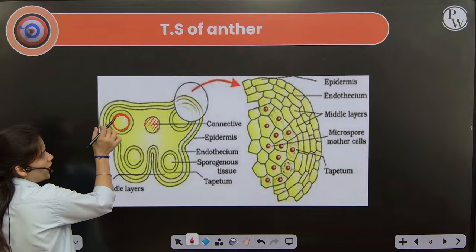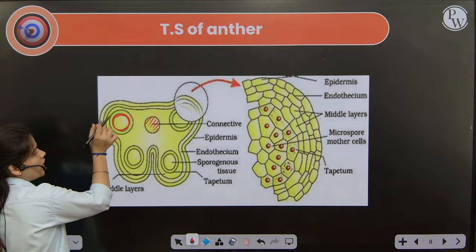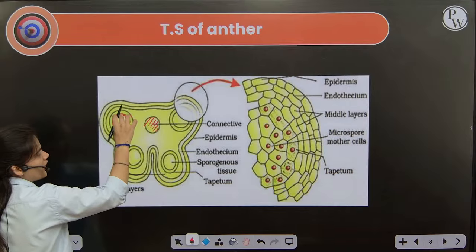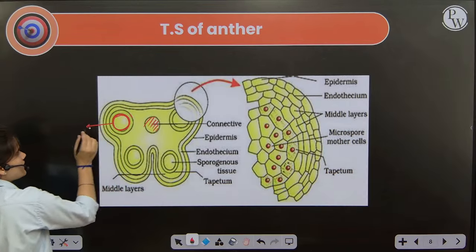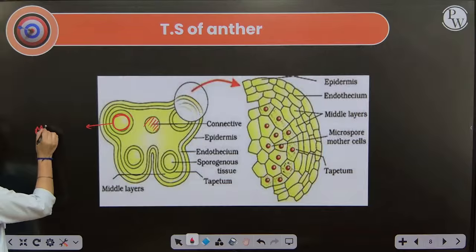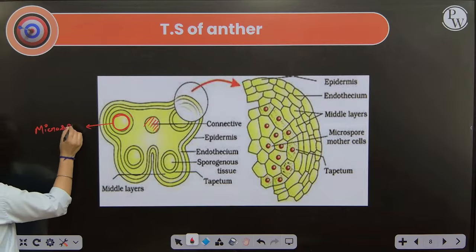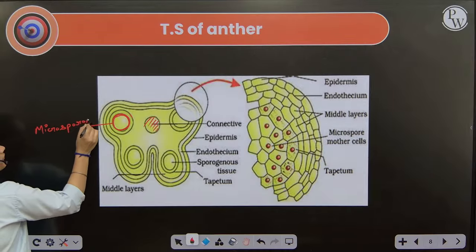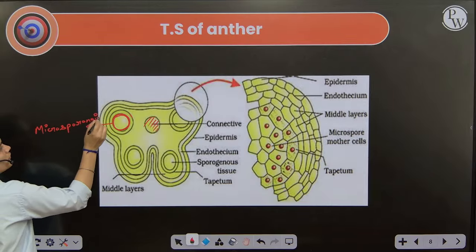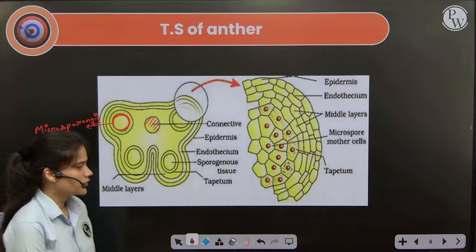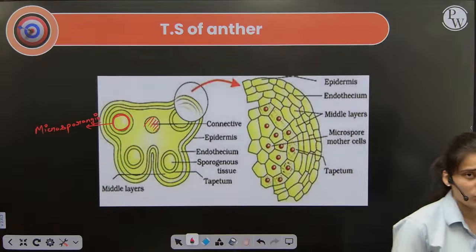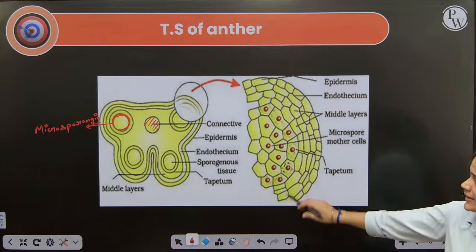Outer three wall layers help in protection of this microsporangia as well as dehiscence of pollen grain. Which layer provides nutrition to the developing pollen grains? That is tapetum.